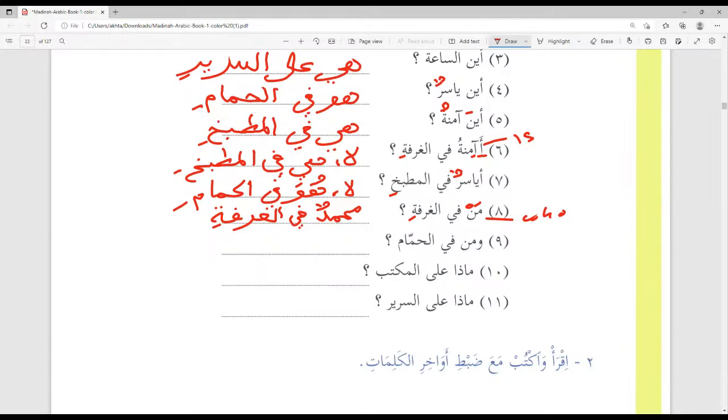ومن في الحمام؟ And who is in the bathroom? ياسر في الحمام. ياسر is in the bathroom.